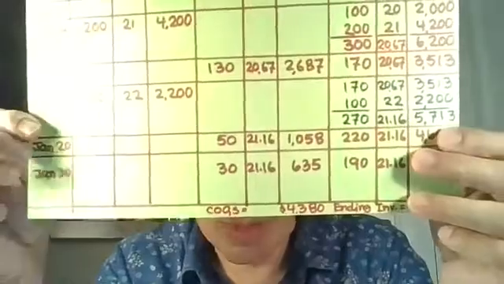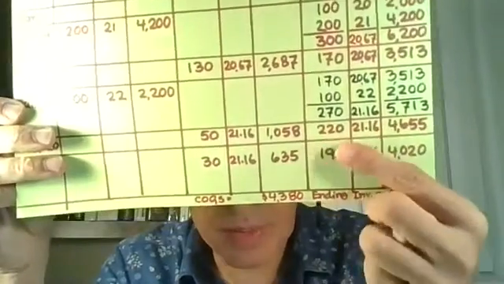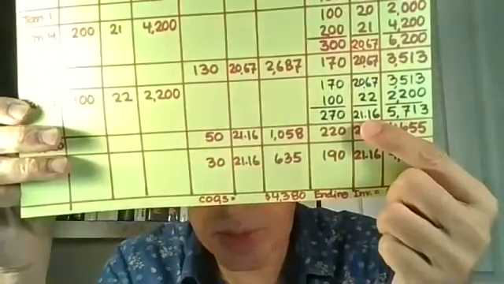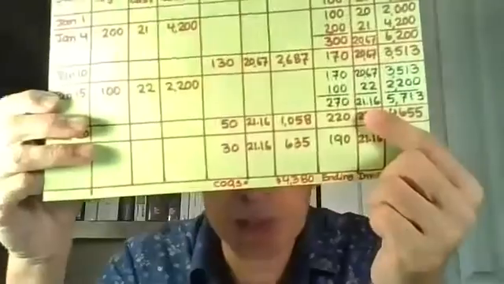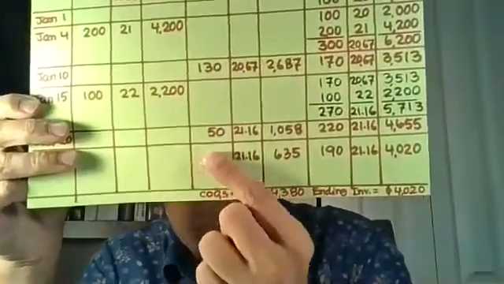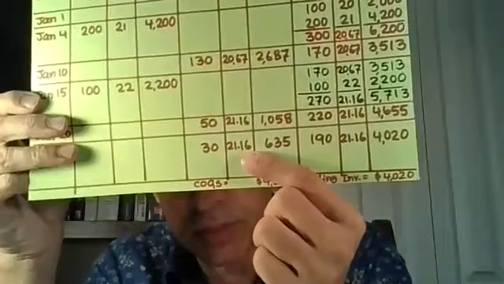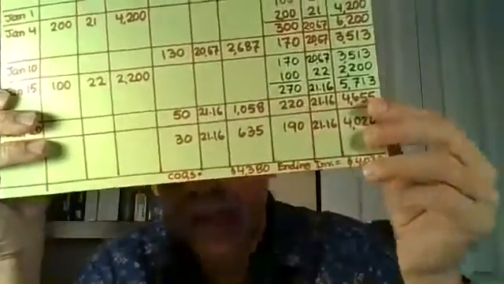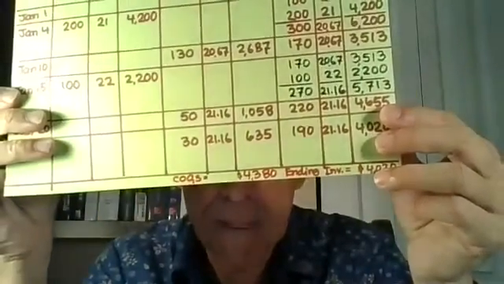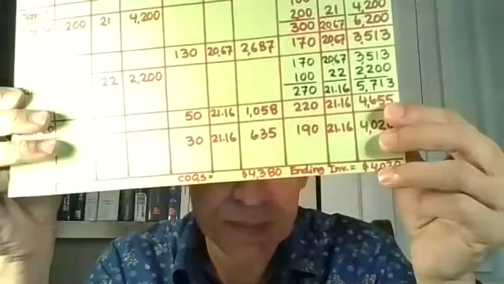on two occasions. First, you sell 50 units, and the 50 would be at the same price, $21.16. The 50 units at $21.16, 30 units also at the same price, because in the meantime there has not been any new purchases.